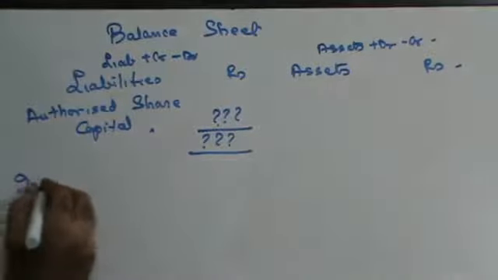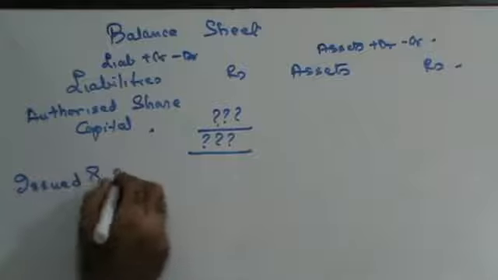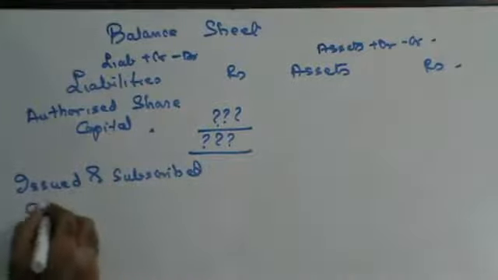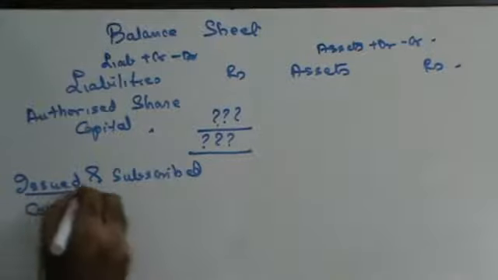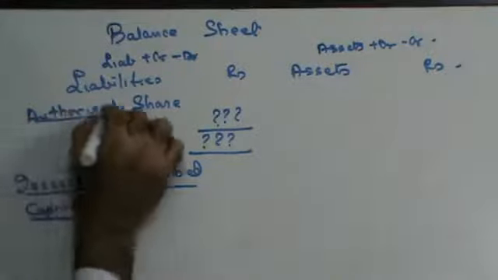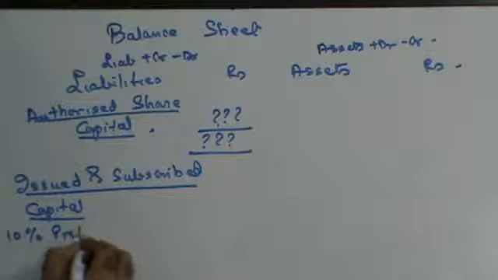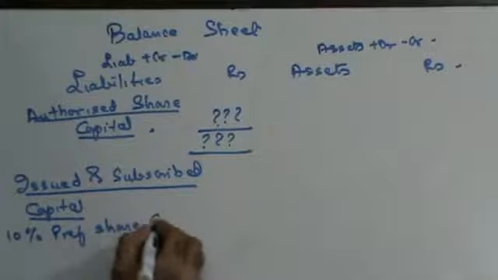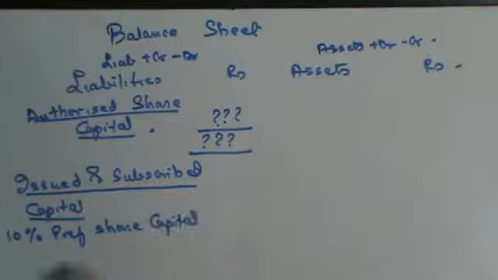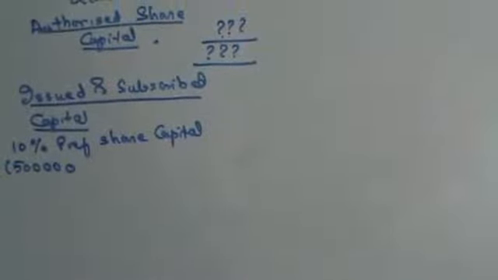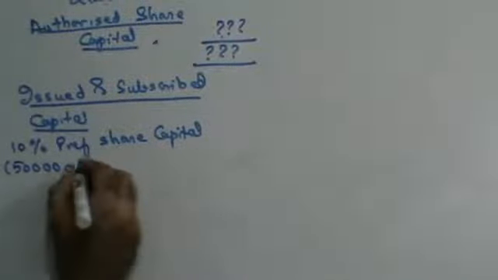Then you have issued and subscribed capital. In that, first you will have 10% preference share capital. Now, as per the balance sheet, your 10% preference share capital is 5 lakhs. Right?